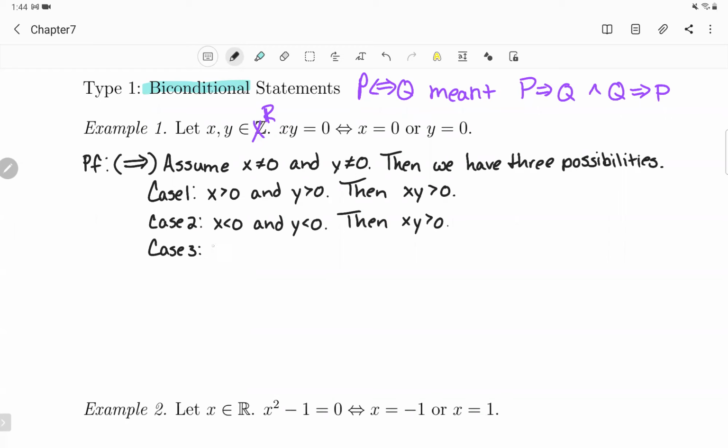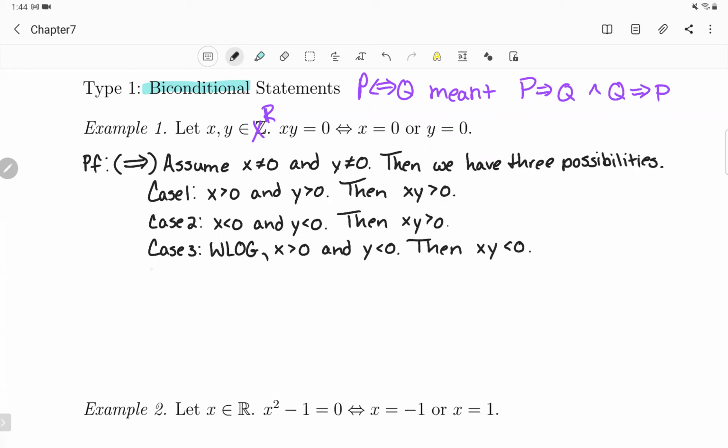Now use without loss of generality. Without loss of generality, X, let's make X positive and Y negative, it doesn't matter. Then X times Y is what? Negative, less than 0.